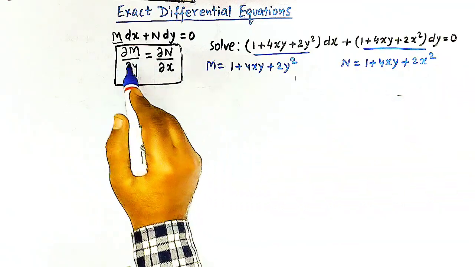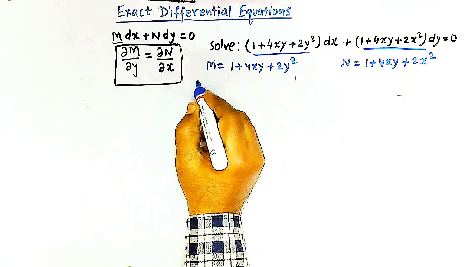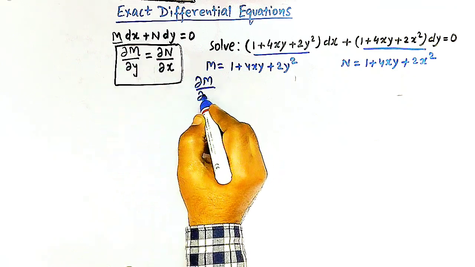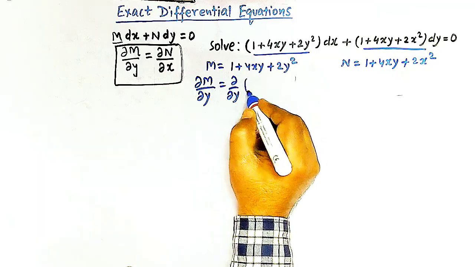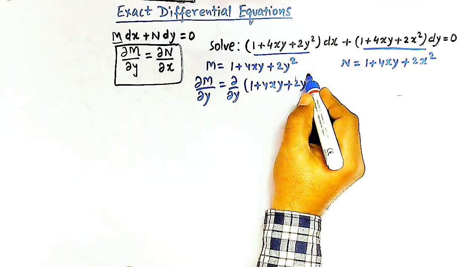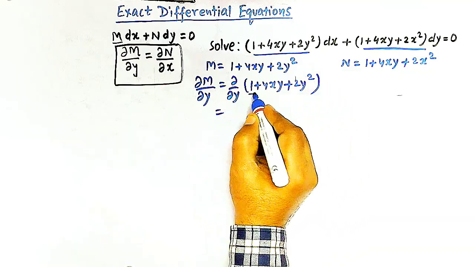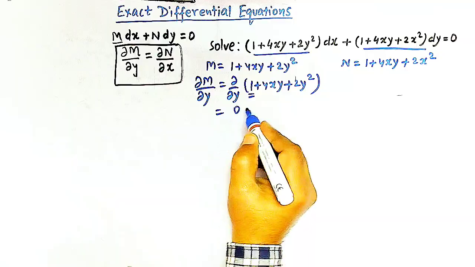So first we'll find out the value of del M over del y. So del over del y of 1 plus 4xy plus 2y square. The partial derivative of 1 with respect to y is 0.